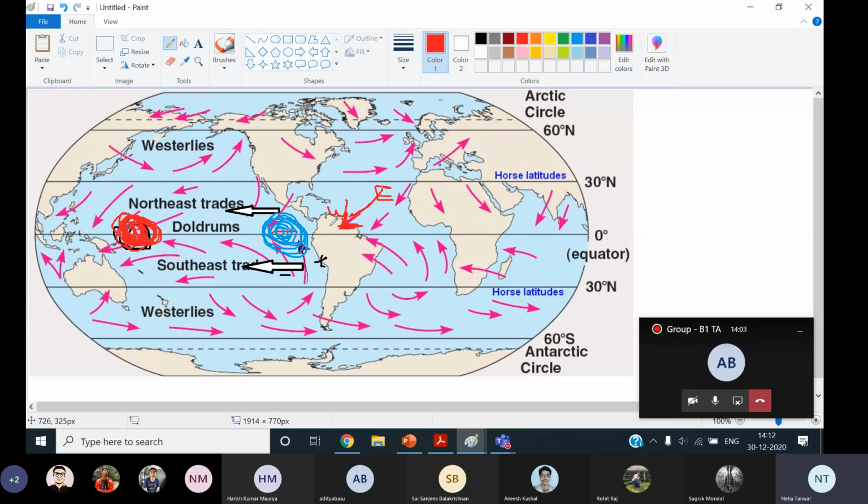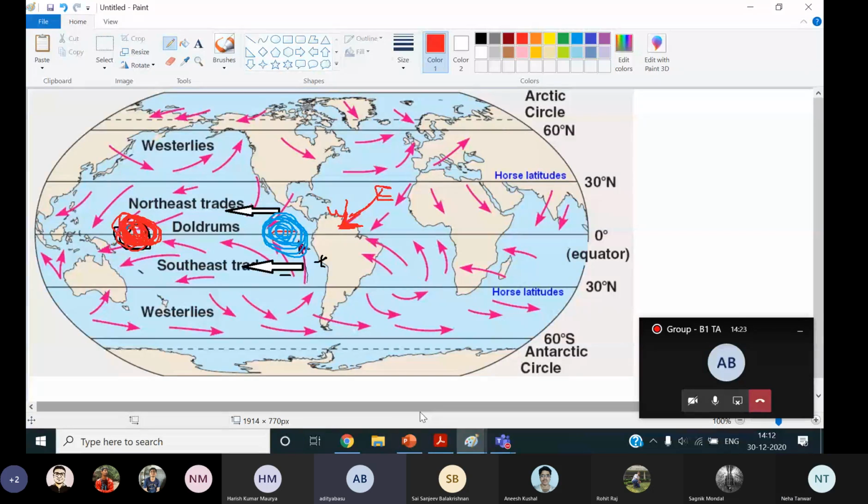Aditya, you are saying that they cannot bend. No, no, I meant the wind can bend, I mean, from southeast to northwest, but it cannot blow along the equator, as it's seen here, right?